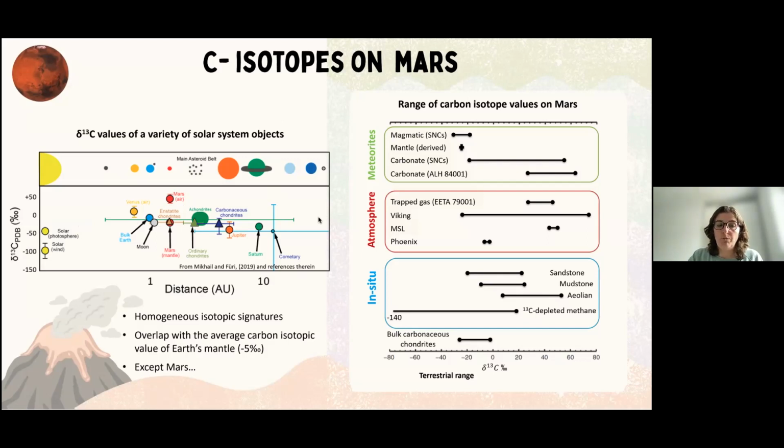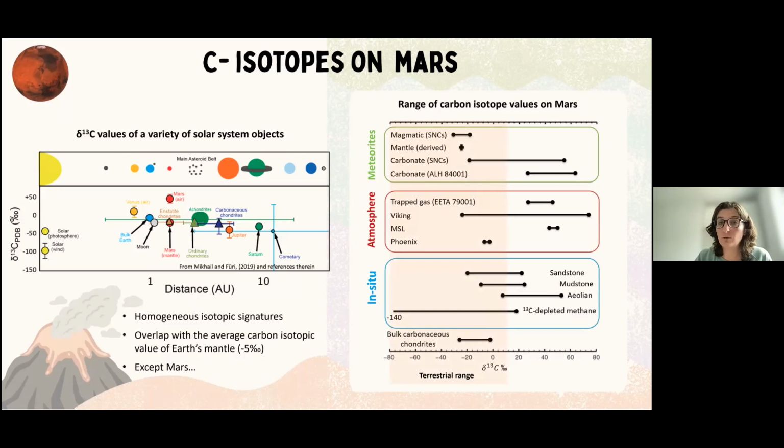So if we look at the graph on the right, we can see that the isotopic ratios are also very different. I think I can overlap. Yes. The orange shadow is the terrestrial range, overlapping the Martian range. So looking at this graph, we can see that the isotopic ratios are significantly different compared to Earth, and it could indicate two things.